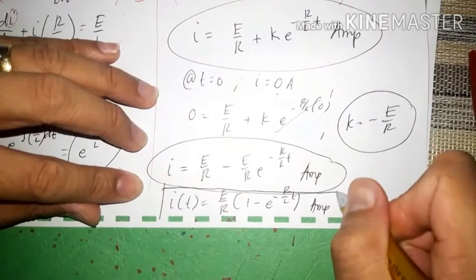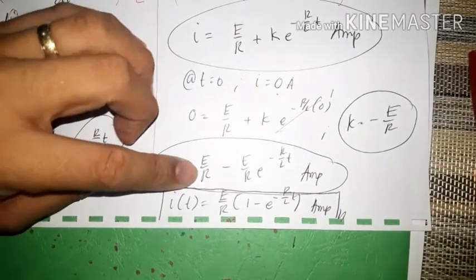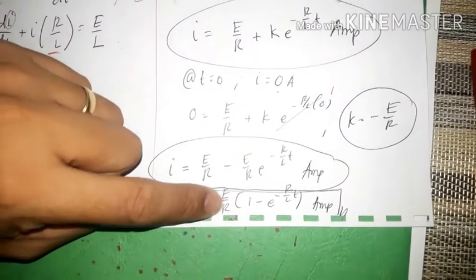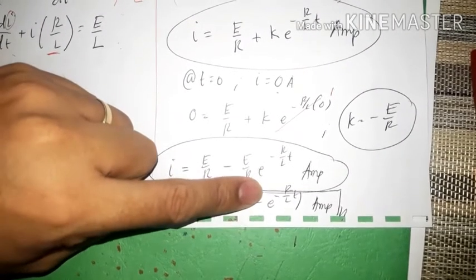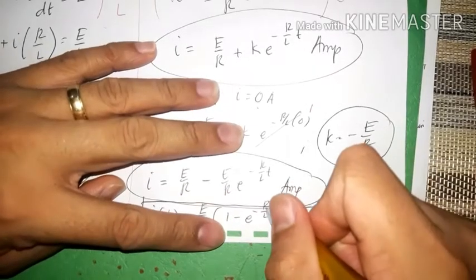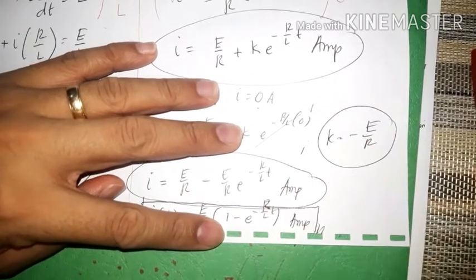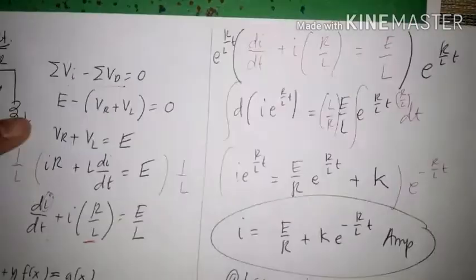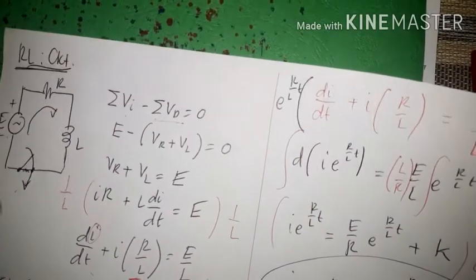That will serve as our working equation. So current I of t is E over R times the quantity 1 minus e to the negative R over L t. That will serve as our working equation to solve for the current through this particular RL circuit.